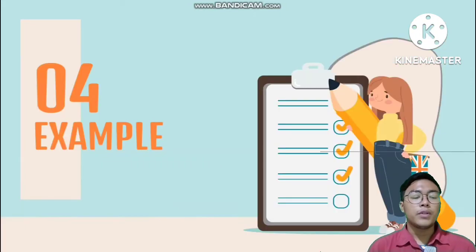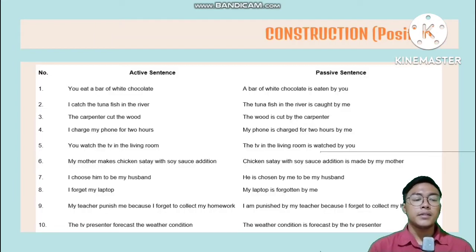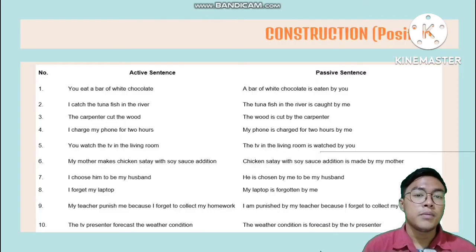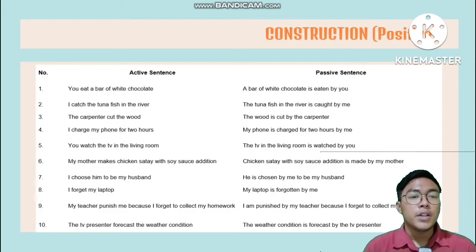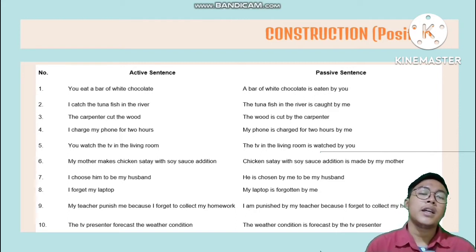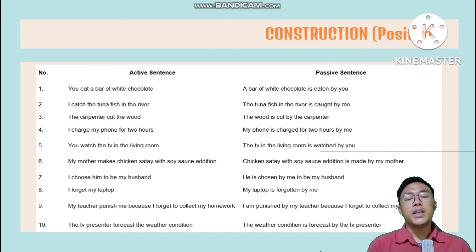Okay, we're going to move to the fourth one, examples. Okay, the construction, the positive. You can see on the left of the PPT is the active sentence, and on the right is the passive sentence.